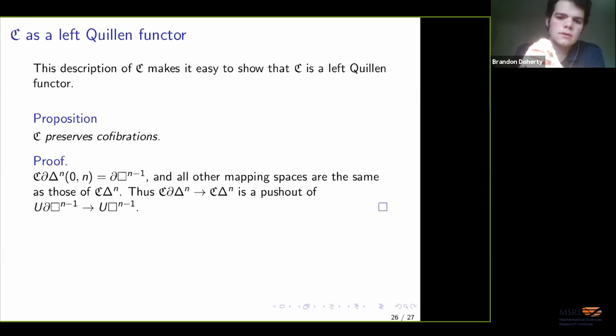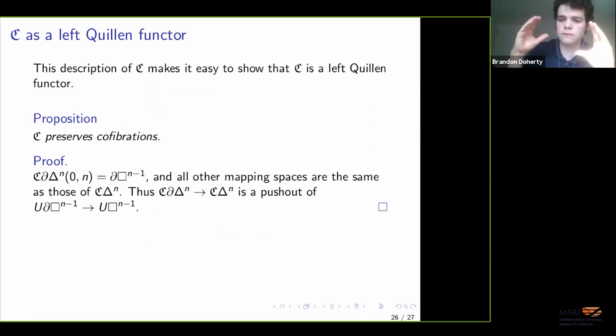And so from that, we can compute that the map from C of d_i delta n into C of delta n is a pushout of one of the generating cofibrations, U of the boundary of the n-1 cube into U of the n-1 cube.